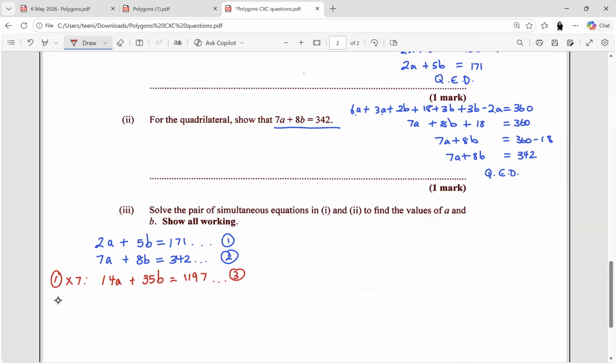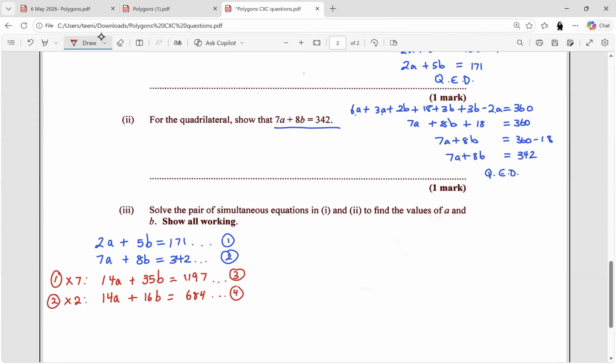And then equation 2 now, I'm multiplying by 2. So 7a times 2 will give me 14a. 8b times 2 is 16b. And 342 times 2 is 684. And that's my equation 4.